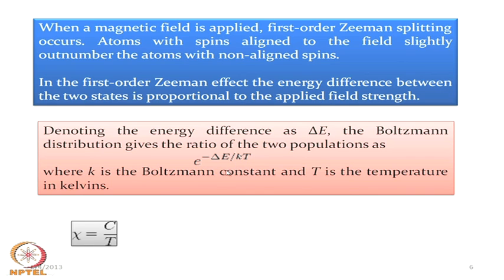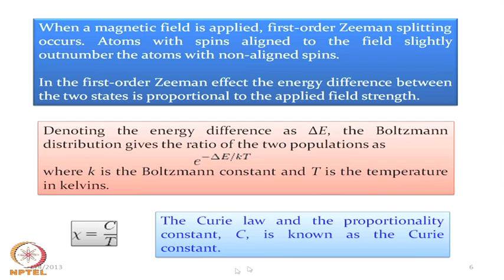As we increase the temperature, our corresponding chi value will decrease with a constant of proportionality, and this constant of proportionality is known as the Curie constant, and this is nothing but the Curie law. This Curie law is useful to determine the corresponding magnetic moment of all these molecules, and the C value is known as the Curie constant.